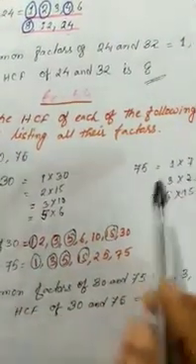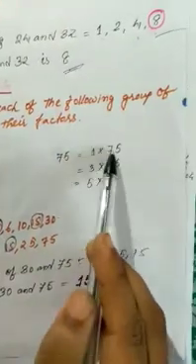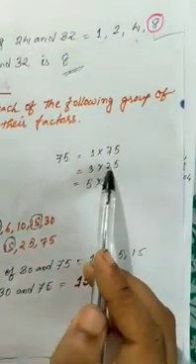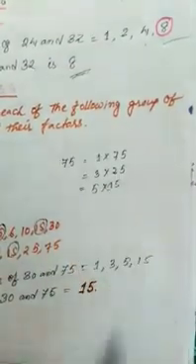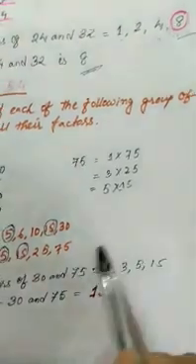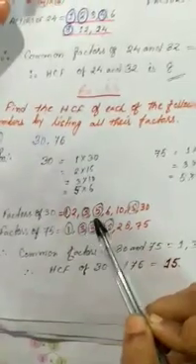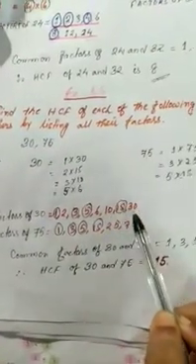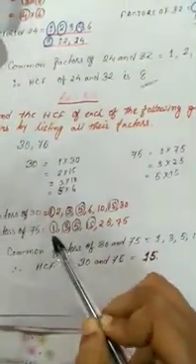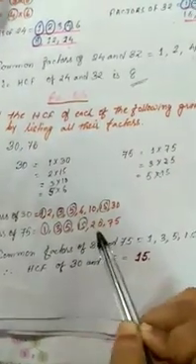Next is 75: 1 into 75, 3 into 25, and 5 into 15 is 75. So factors of 30 are 1, 2, 3, 5, 6, 10, 15, 30, and factors of 75 are 1, 3, 5, 15, 25, 75.